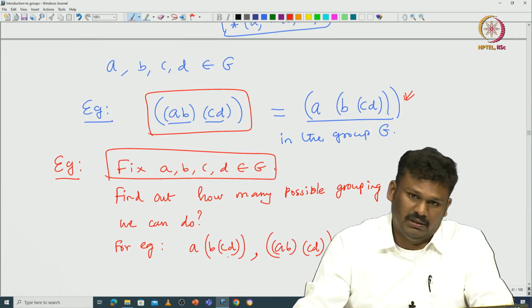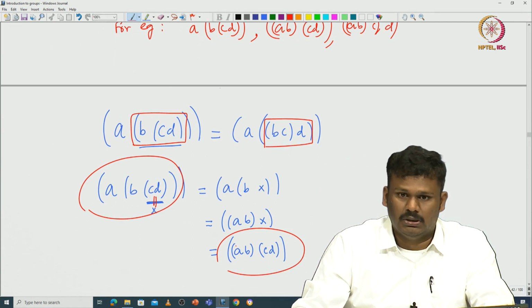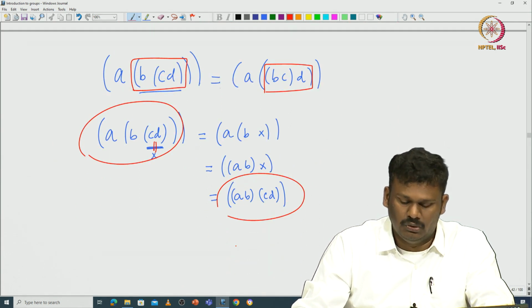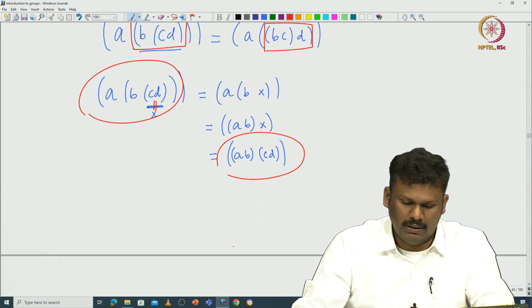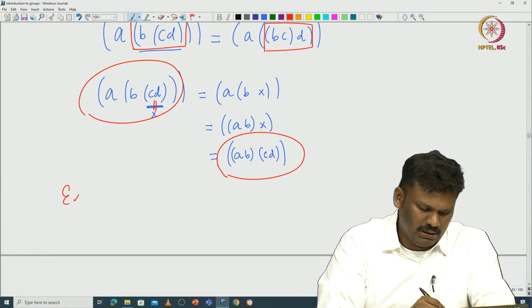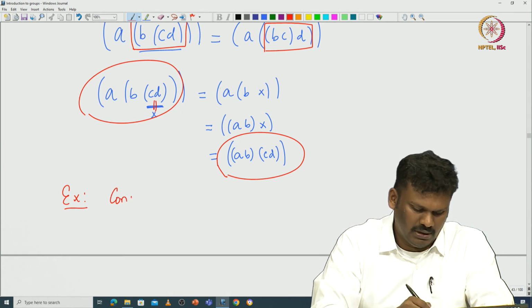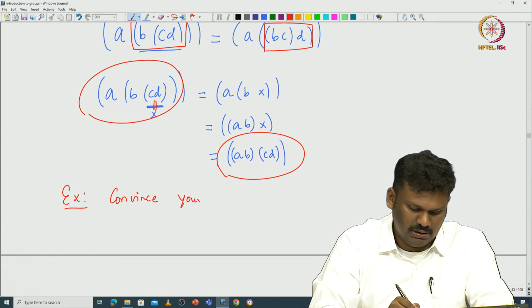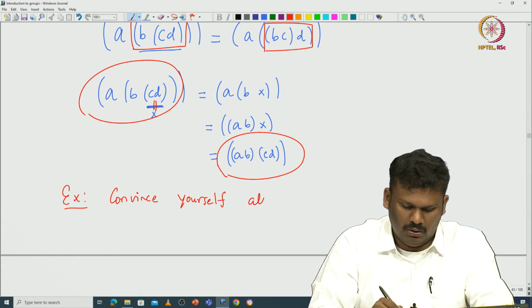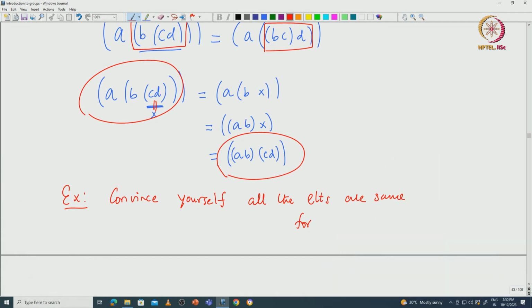This is how you verify it for all other elements. But writing down the proof is a bit technical. It uses induction. It's not that hard. One should learn how to write down the proof as well, so maybe I will do it in one of the problem solving sections. You can convince yourself that all the elements you get are the same for just length 4.